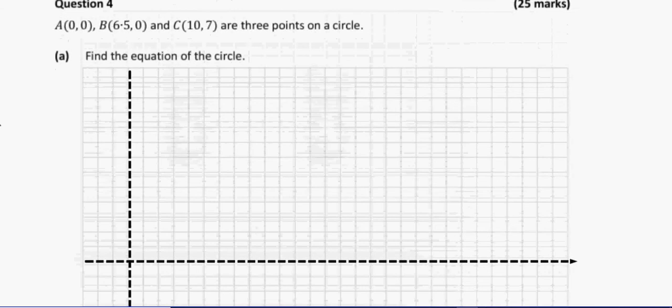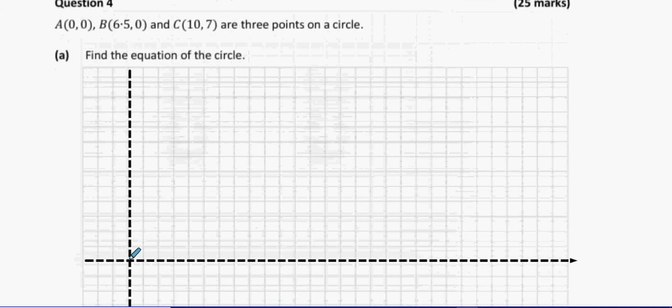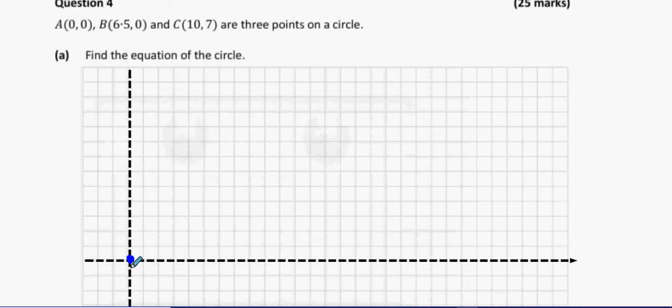Alright, here's what we're doing. 0, 0 is here. 6.5 and 0 is there. And then 10, 7, which is 1, 2, 3, 4, 5, 6, 7, 8, 9, 10, 7, like so.